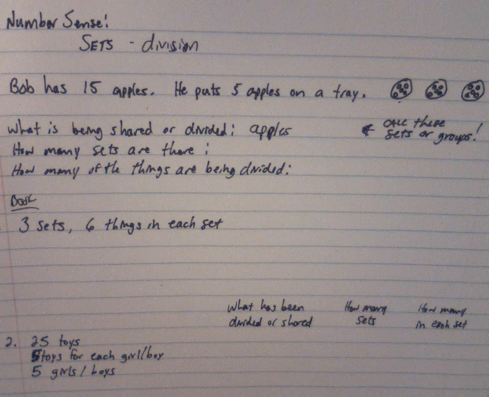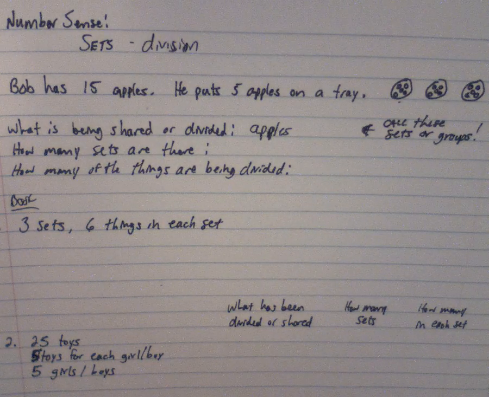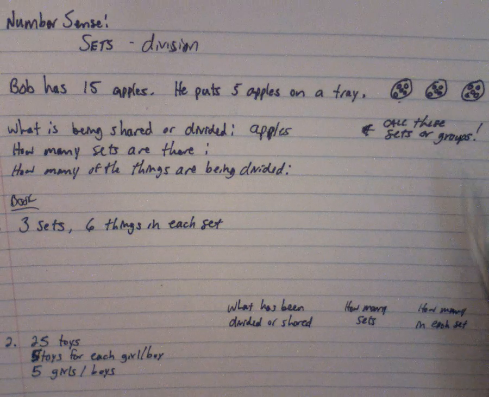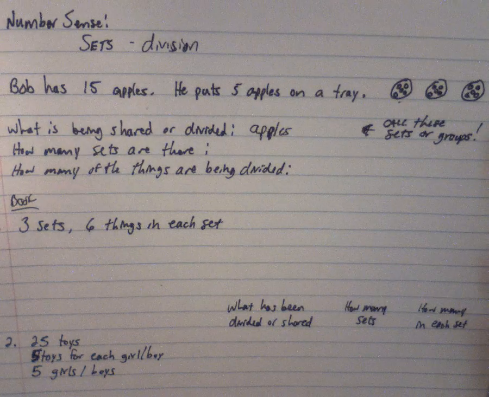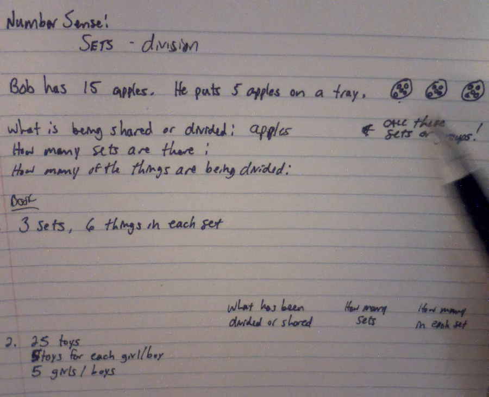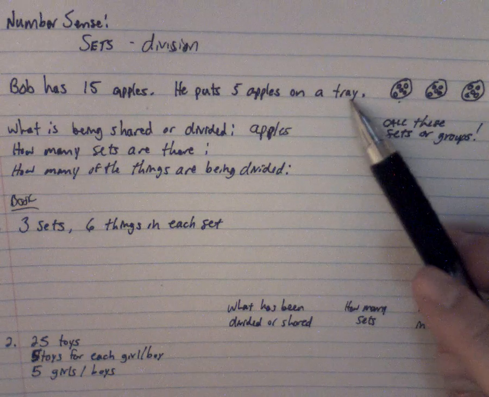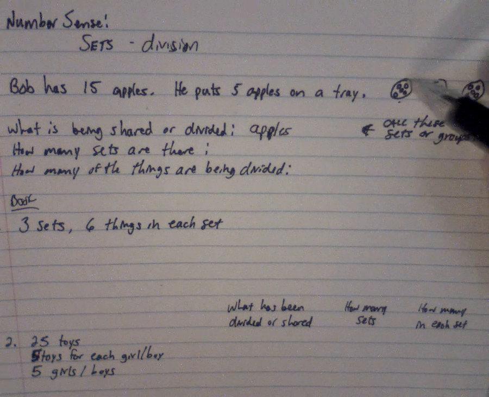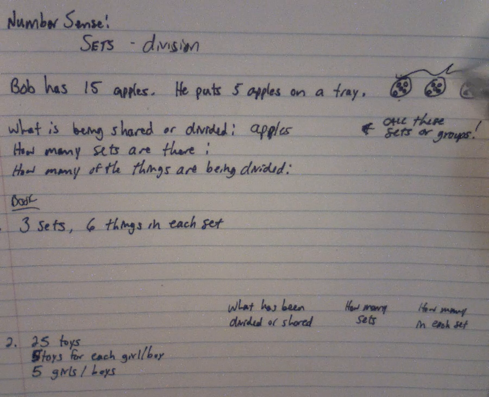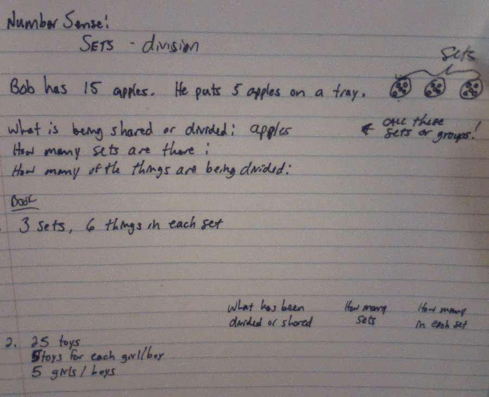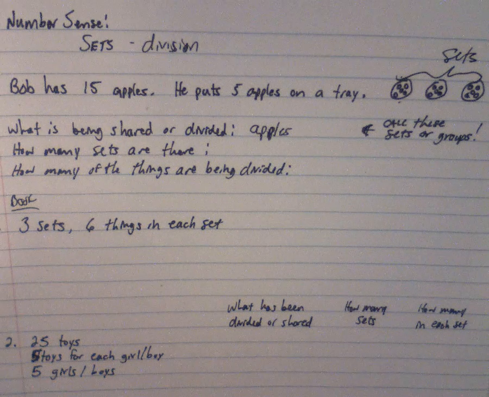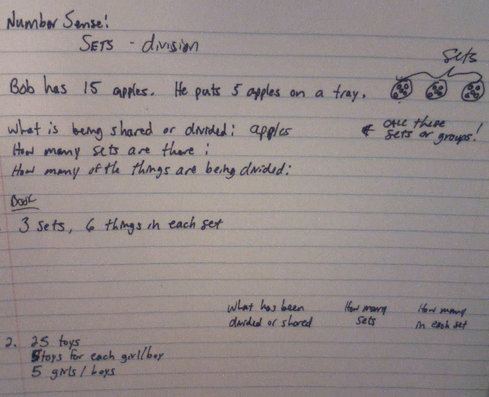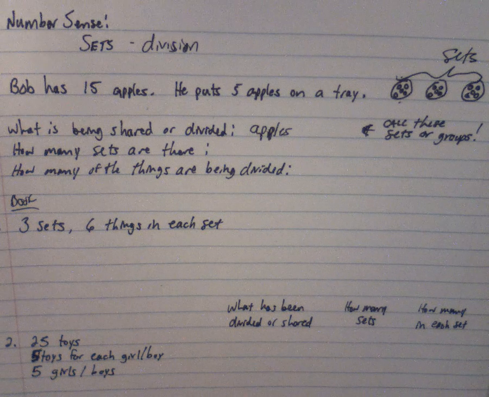So how many sets are there? What we do is we call groups sets, like the stuff that's on the tray right here. These right here are called sets, okay? Because it's what we're dividing things up into. So how many sets are there?